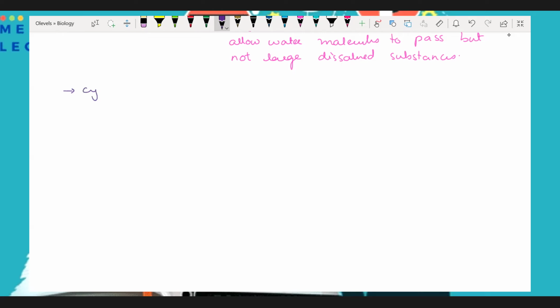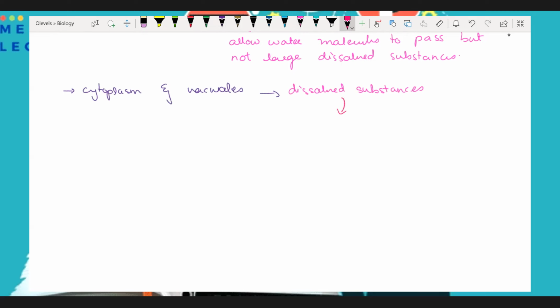Okay. So in the case of animal cells or plant cells, the cytoplasm and the vacuoles have some dissolved substances, right?